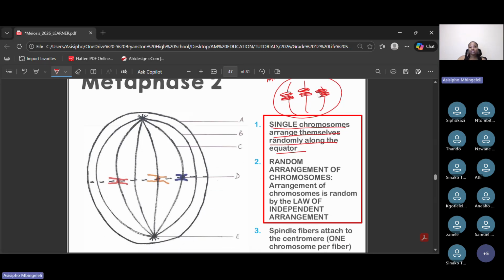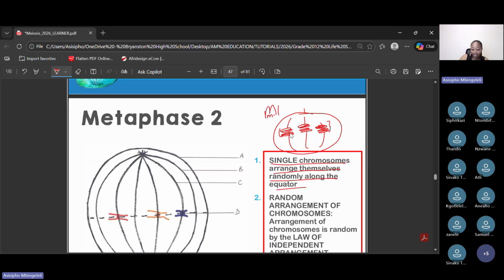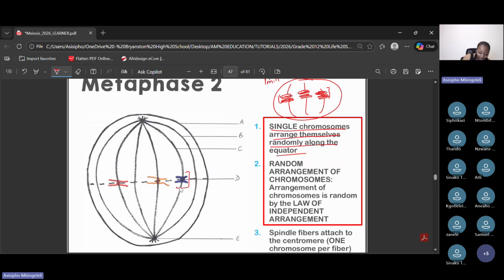That's it. So let's see the difference, guys. So in metaphase 1, our chromosomes were aligned in the middle of the equator in pairs. This is a pair, 1, 2 chromosome, 1, 2 chromosome, 1, 2 chromosome. But in metaphase 2, it's only 1 chromosome, 1 chromosome. They are singly arranged. Please take note of this.